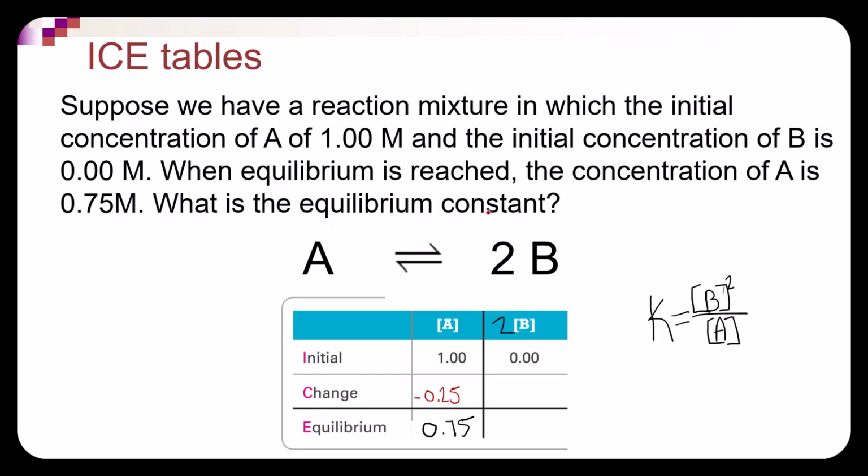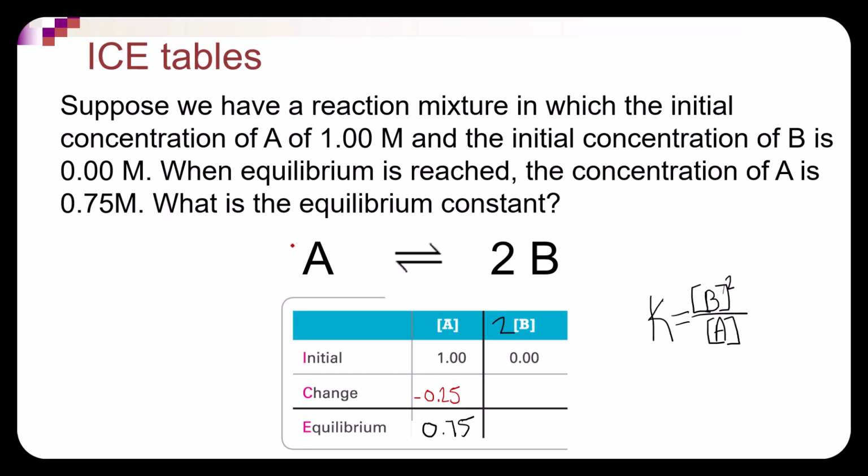So let's think about what a chemical reaction is. We are taking whatever this molecule A is, and we are breaking it apart. We're decomposing it. And when it breaks apart, it's going to break apart into 2 molecules of B. So for every molecule of A that I have, it's going to break apart and it's going to become 2 molecules of B. So you're like, Ms. Maz, what does this minus 0.25 change mean?